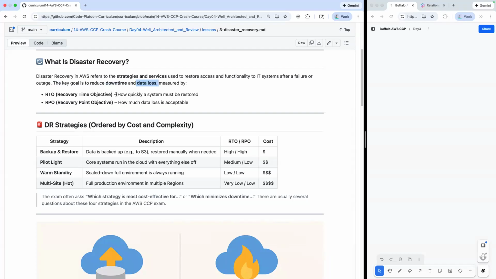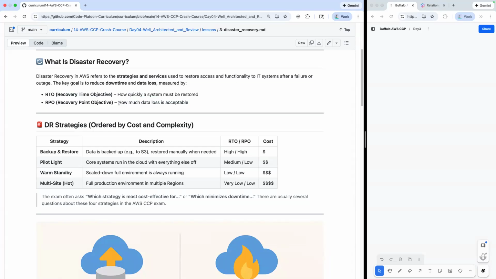So these things are measured with some specific terms. One is about how quickly can we restore the system: recovery time objective. How much data loss is okay, because we're not dealing in perfection here: recovery point objective. If I am Twitter and our service goes down and we recover and we lose the last 5 minutes of tweets, probably not too bad.